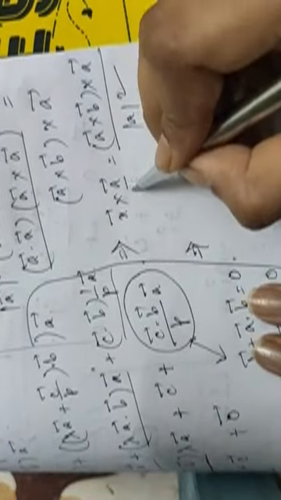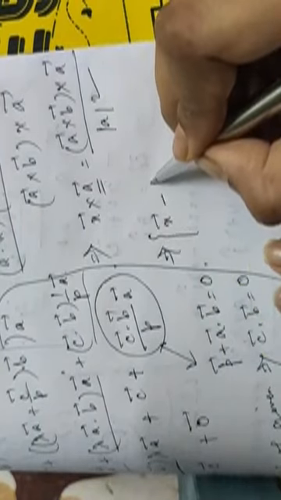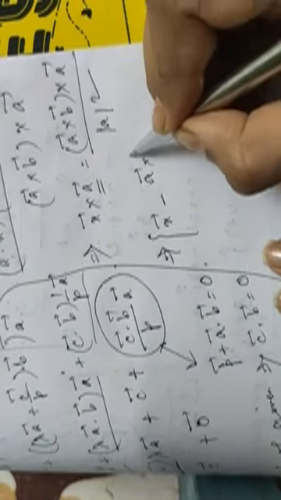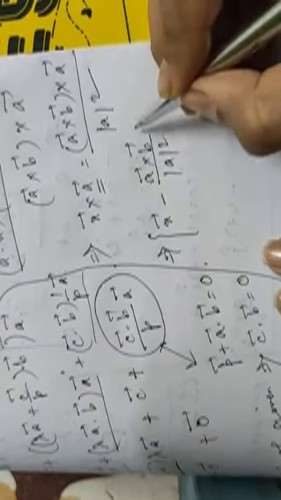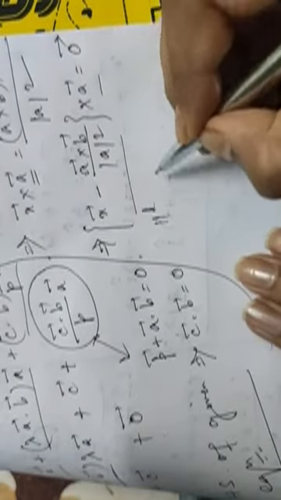Now we are taking common cross a vector, so we can write x minus this one equals 0 vector. Then applying the same concept, when the cross product of two vectors is 0, that means they are parallel vectors.